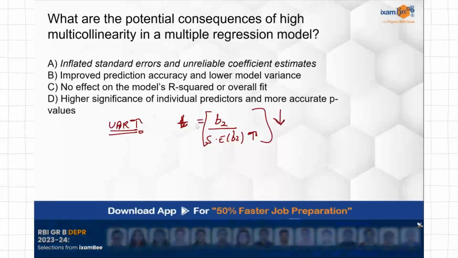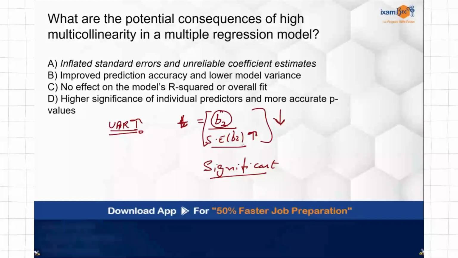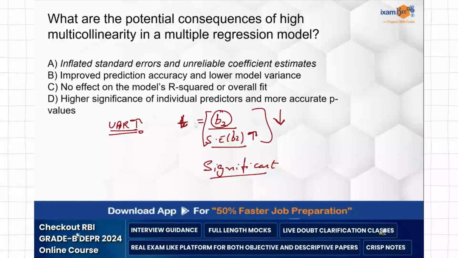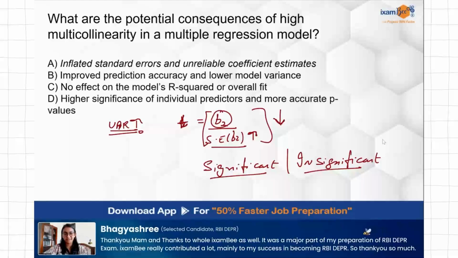It might be possible that when there is no multicollinearity, this b2 will give you a significant test. But because of multicollinearity, the variance is increasing, and because of that, the standard errors are also increasing. The t calculated decreases, and now the result will become insignificant, right?